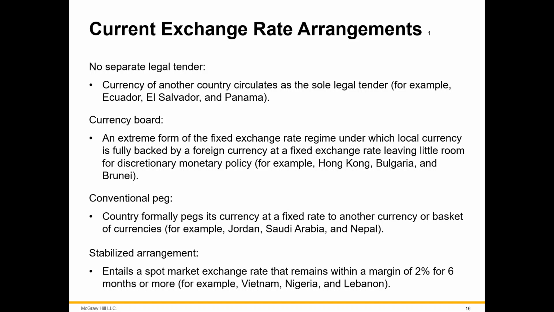On the extreme end, you have countries that have no separate legal tender. In Ecuador, for example, the official currency of the country is American dollars.